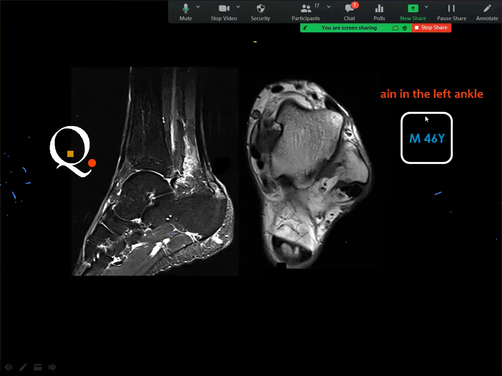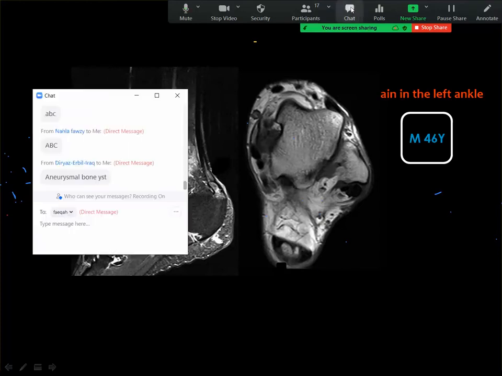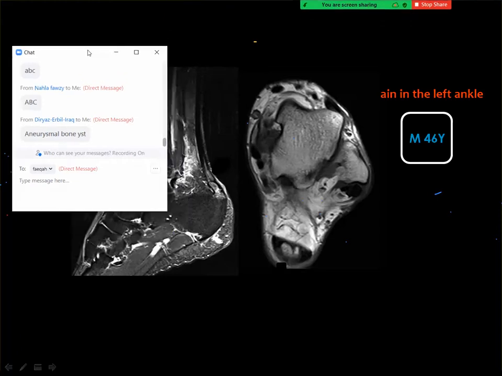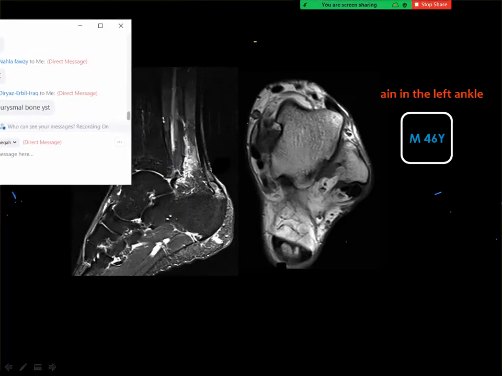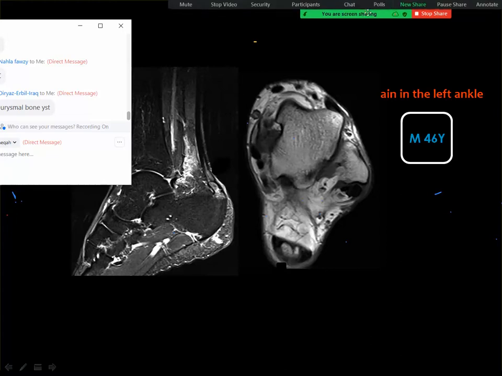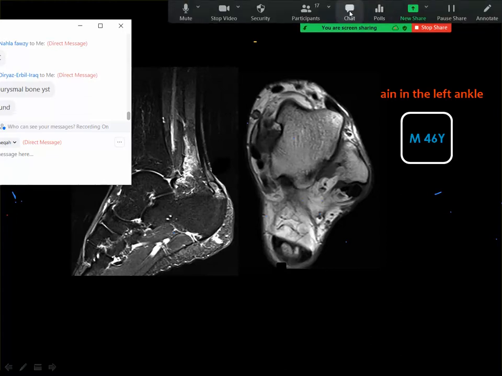And this patient with pain in the left ankle joint, and you see this is sagittal STIR and axial T1. Yes.